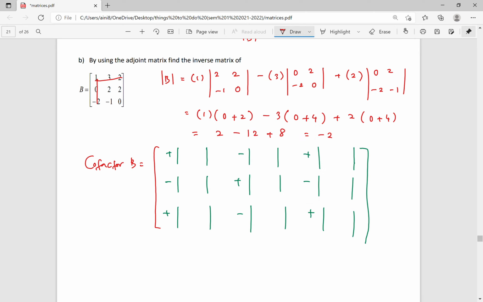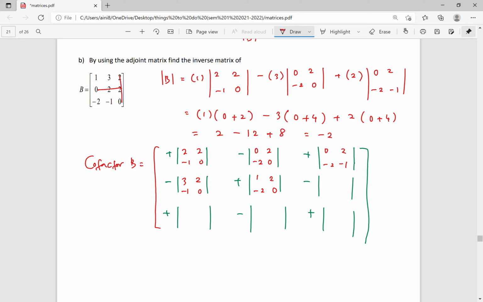And then the first row: 2, negative 1, 0. Delete the first row and second column: 0, negative 2, 0. And then the third column: 0, negative 2, negative 1. For second row and first column: 3, negative 1, 0. The second column is 1, negative 2, 0.